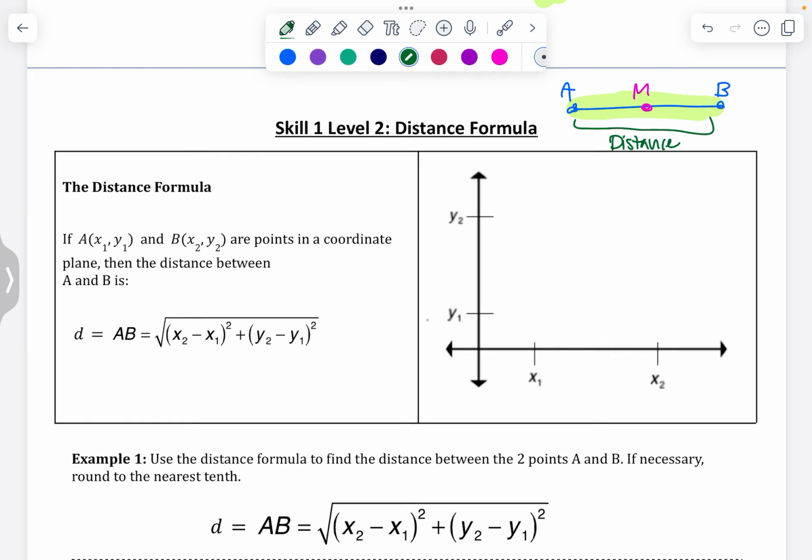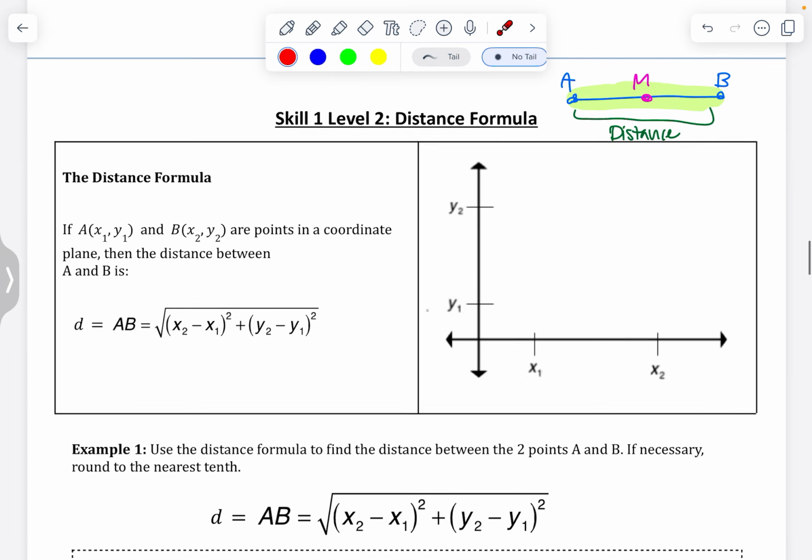There is a specific formula. It still goes with our points. With the midpoint formula, point A had a point B, and then we used the midpoint formula, the x1s, the x2s, the y1s, the y2s. Same thing happens for the distance formula.